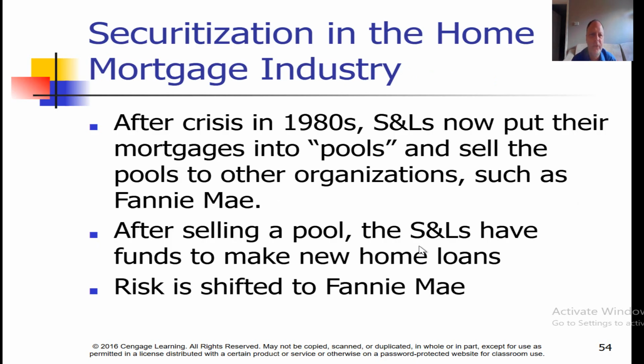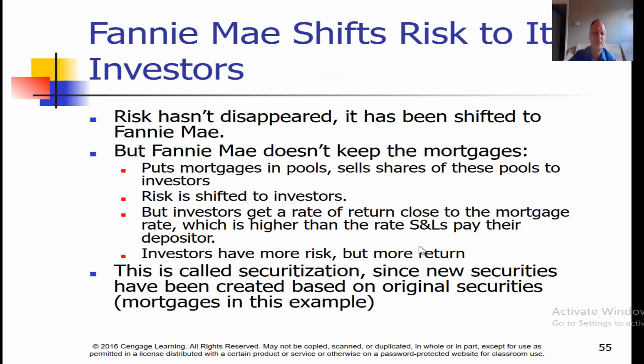Securitization is now the standard. Most smaller banks and S&Ls just securitize and then sell off their debt. They have less of an incentive to make good loans then, because they're not keeping the risk on their own books, and they pass this risk on to someone else. The risk hasn't disappeared.